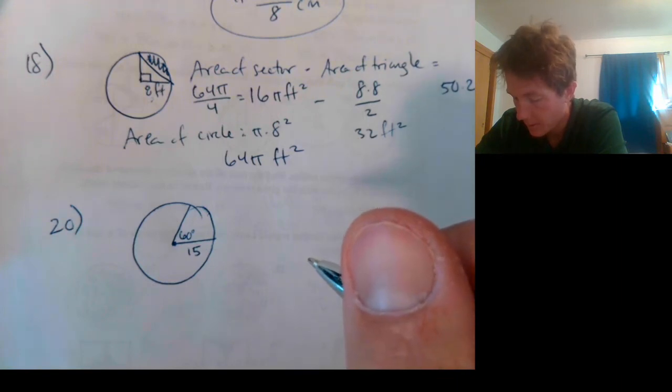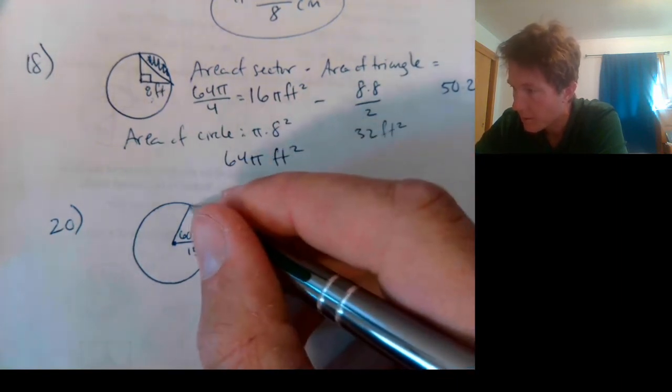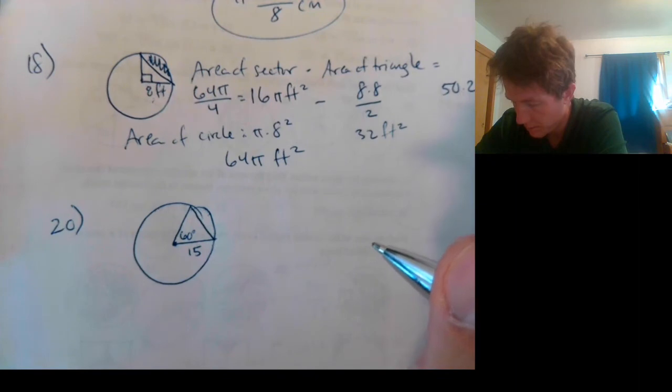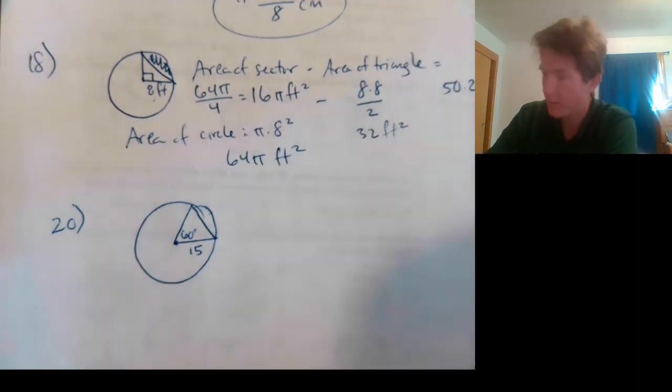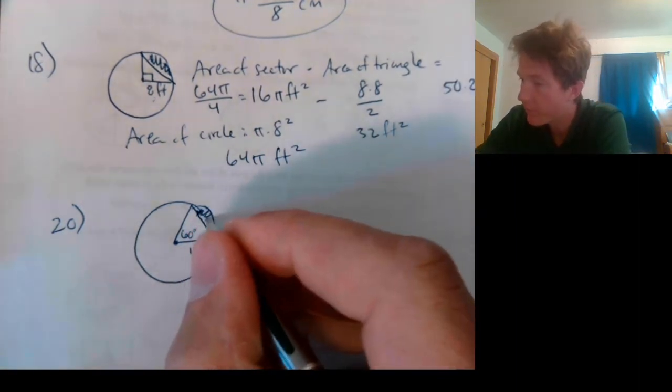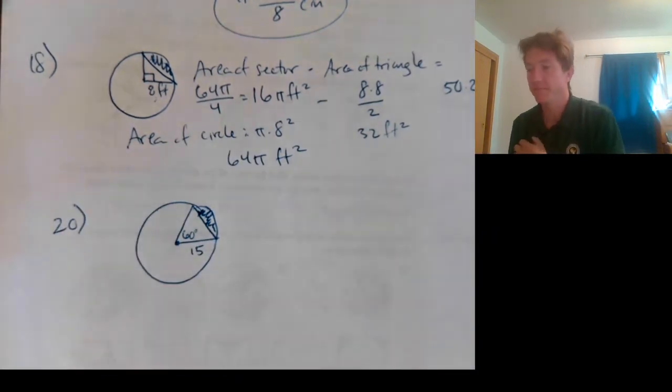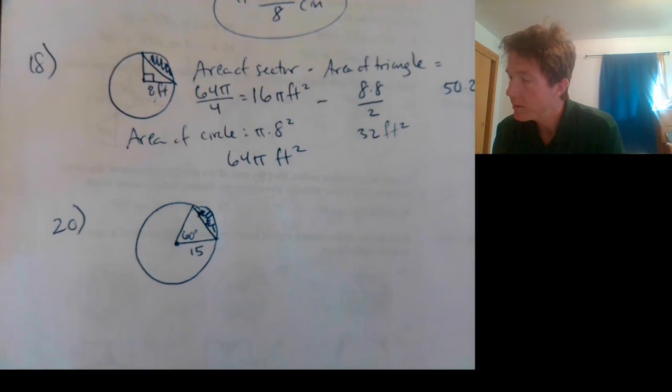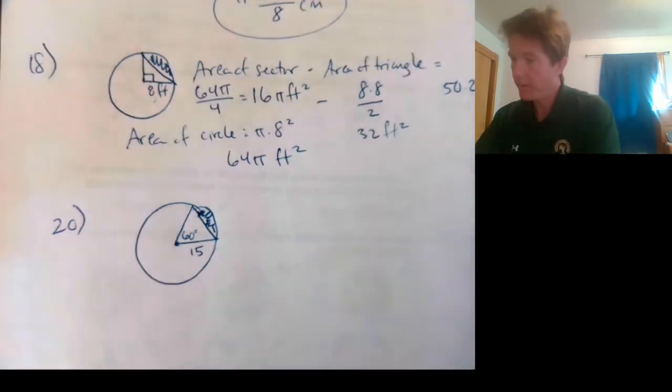Okay, so we're going to find the area of the smaller segment. So we want, yes, we want this little bit right here. Okay, so this one's a little tricky.